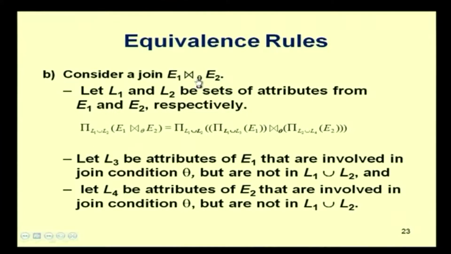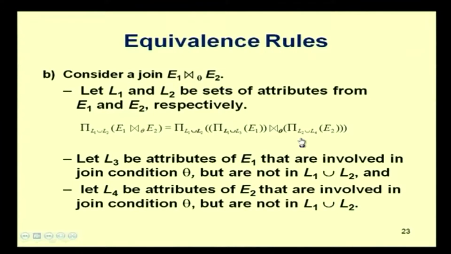So, consider the join E1 theta E2, where L1 and L2 are sets of attributes from E1 and E2 respectively. Then the projection of L1 union L2 on E1 theta join E2 can be written as projection of L1 union L2 of, projection of L1 union L3 of E1 theta join projection of L2 union L4 of E2.